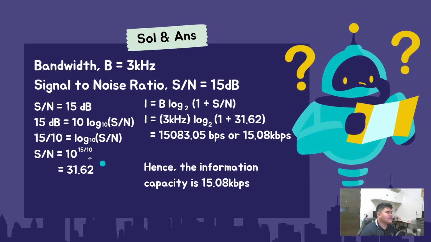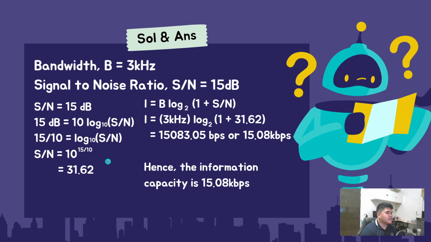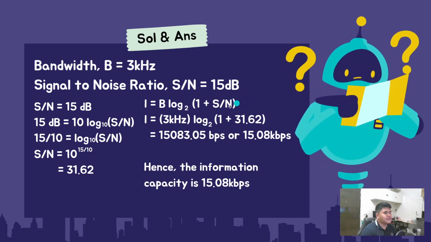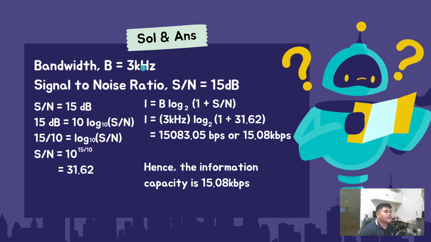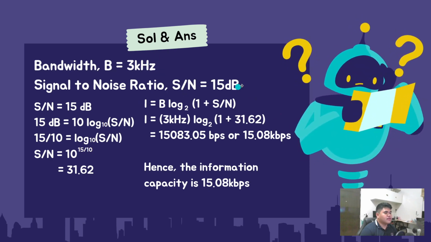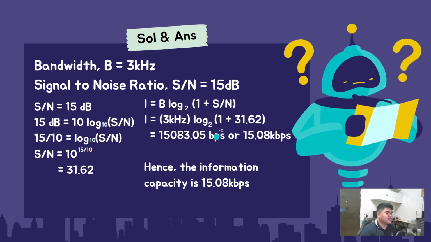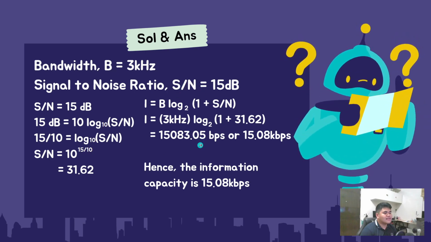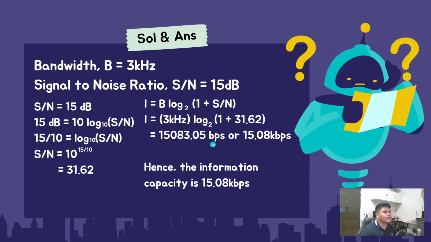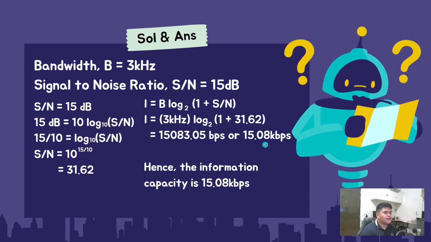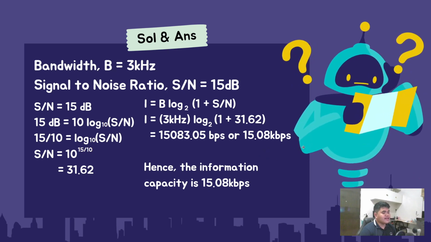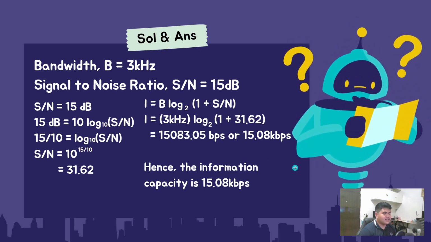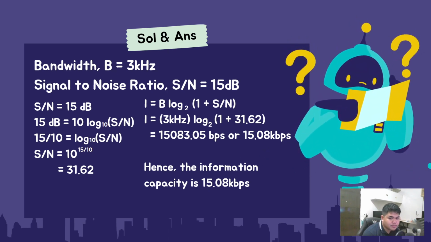After getting this unitless form of signal-to-noise ratio, we can now input it in our formula, which is I equals B log 2 of 1 plus S over N. We just plug in the values, which is 3 kilohertz and 31.62, and then we arrive at the answer of 15,083.05 bits per second, or 15.08 kilobits per second. Hence, the information capacity is 15.08 kilobits per second.